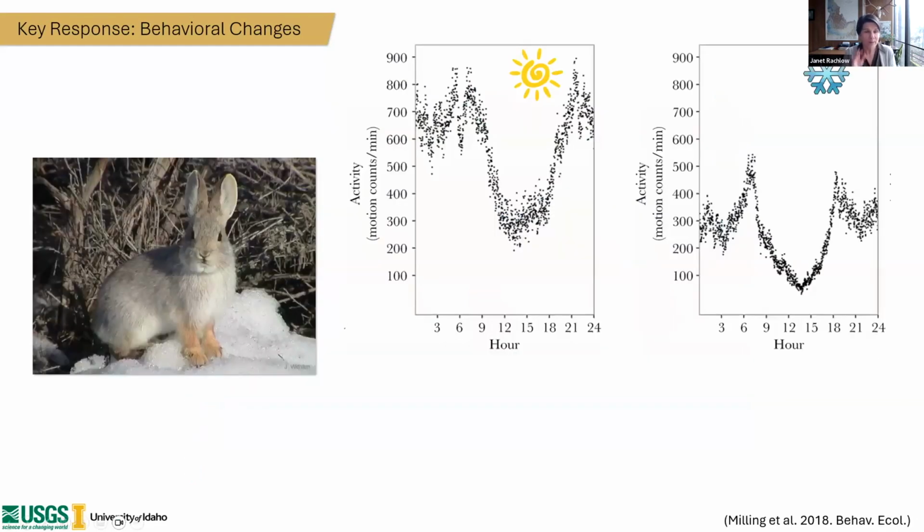So pygmy rabbits exhibit a sort of traditional mammalian pattern. The two graphs on the right, the one with the sun is their activity pattern during the daytime in the summer, and on the right is their activity pattern in the winter.